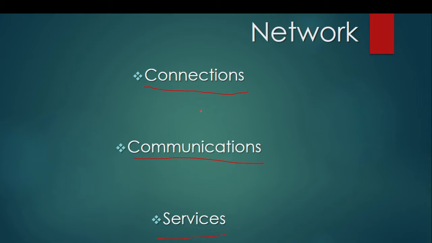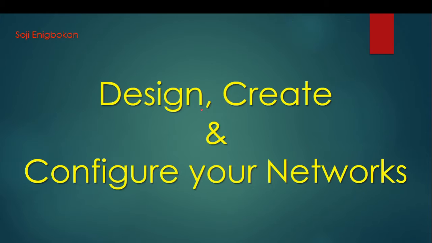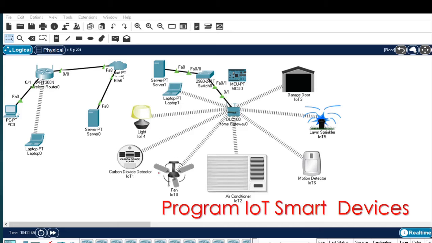What do we mean by devices? In modern networks, there are devices that span beyond your classic desktop PC or your classic laptop. It has now evolved to include smart devices like your carbon dioxide detector, fans, air conditioners, your refrigerators, your lawn sprinklers.